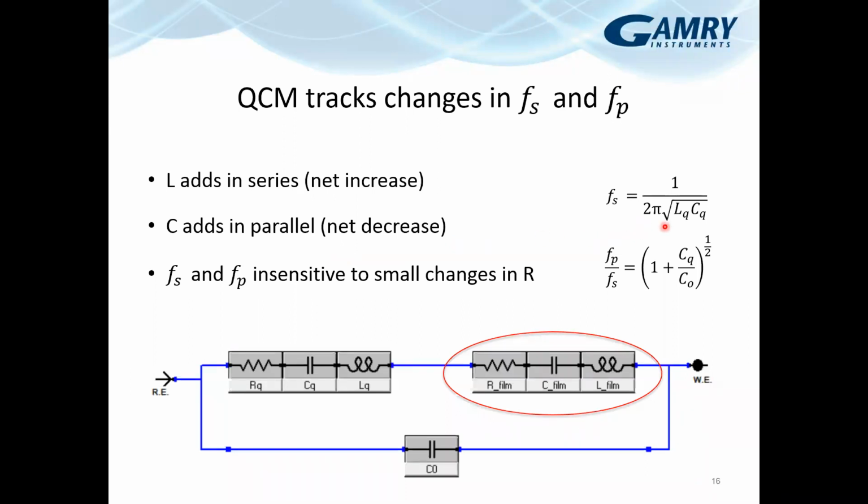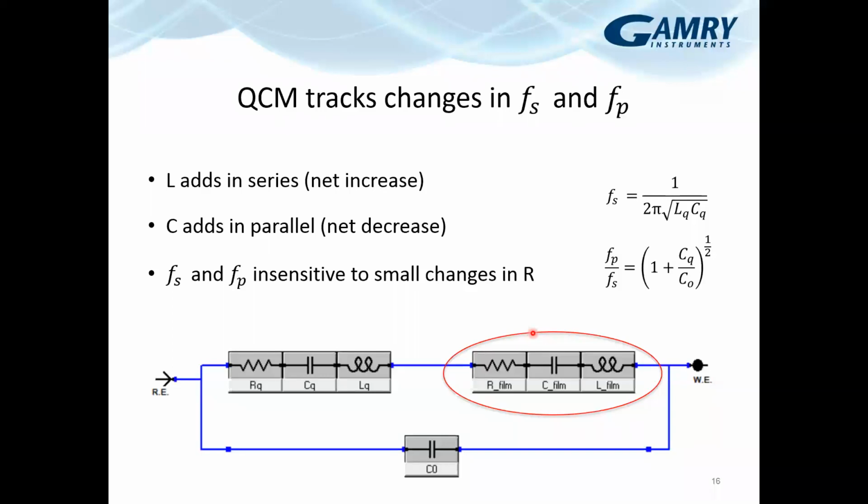Because if you look at this ratio for series frequency, if the capacitance drops, you'll actually see a shift. So that's interesting, because if you have a viscoelastic film, which is particularly what a biofilm is, you can have an increase in L and a decrease in C, which means that the series frequency shift that you're measuring can either be completely negative, or you can actually see positive shifts.